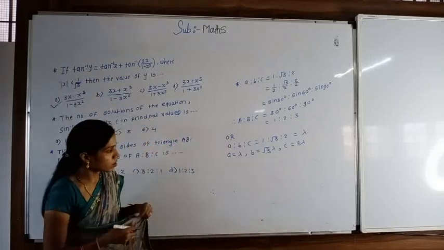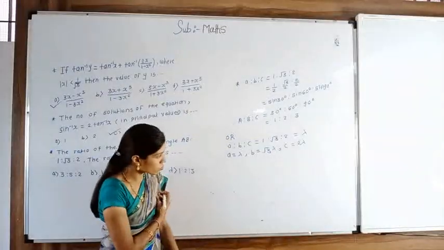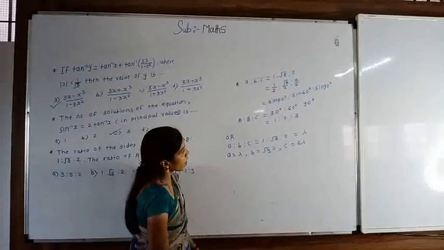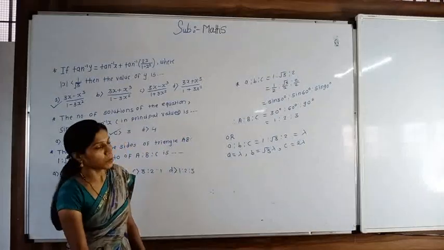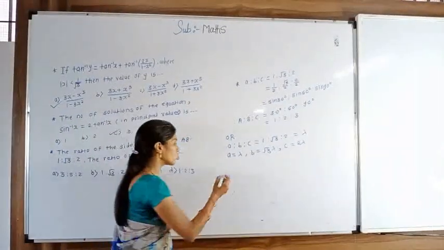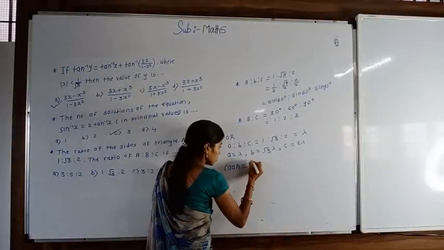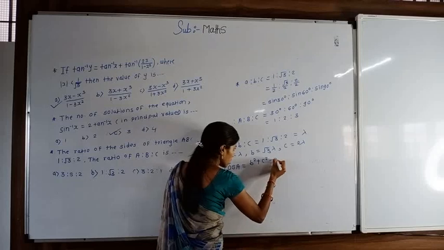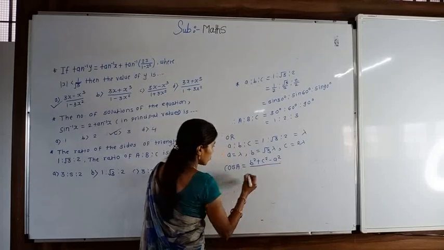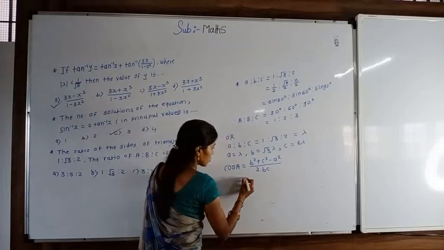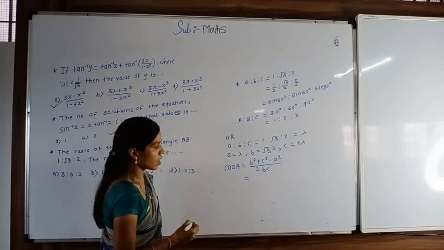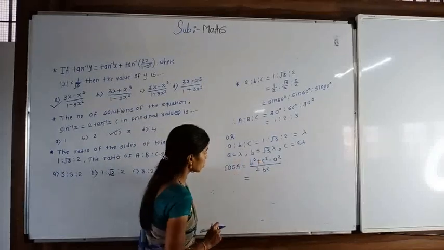So in that case we have to find the angles A, B and C by using the cosine rule, and we know the formula for the cosine rule: cos A is b square plus c square minus a square divided by 2 times bc. We know the values of b, c and a, so put all these values in that equation.